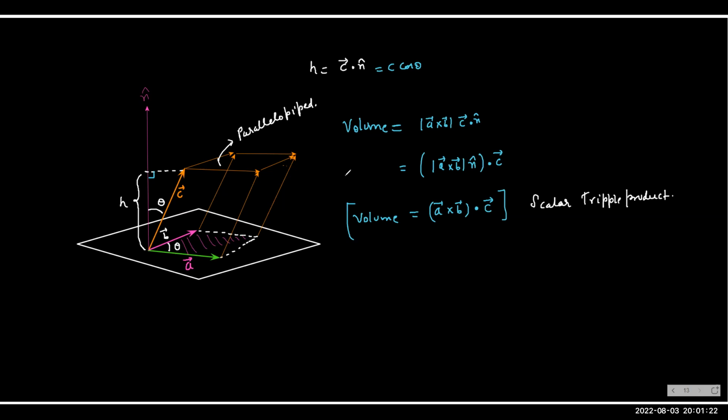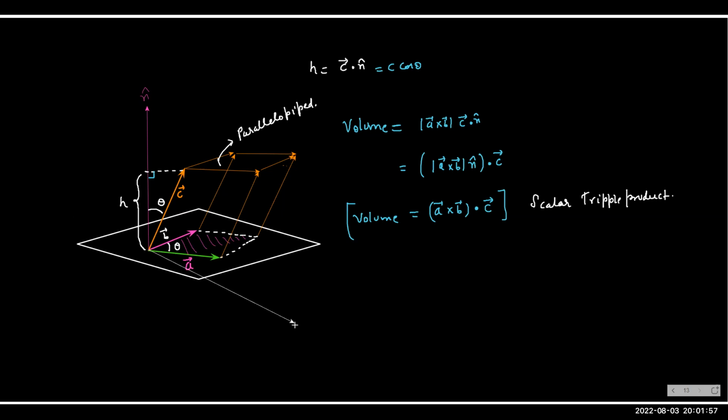And what kind of triple product is this? Area of the base into vertical height. And to get the vertical height, we have to take the dot. So if I choose A and B as the base, my vertical height came out to be h, which is C cos theta. I can do it the other way around. I can take B and C as the base. And if you take B and C as the base, the normal will be like this, or maybe this side.